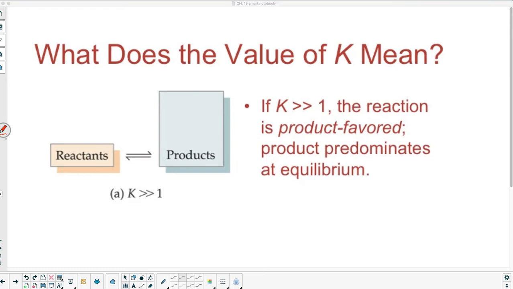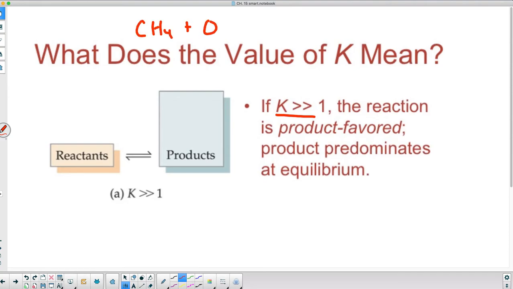Well, there is one situation where of course we expect K to be very large, and that is when we have our typical chemical reaction where we put something together and we expect it to go very far to the right, like burning natural gas. We put the methane and the O2 together, and it produces my two products of carbon dioxide and water, and we expect that to happen almost completely to the right hand side.